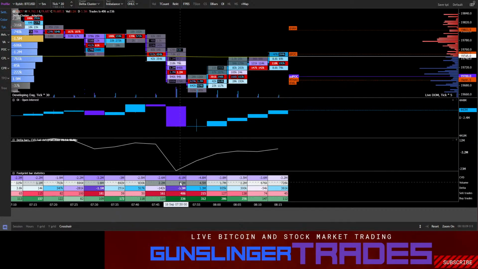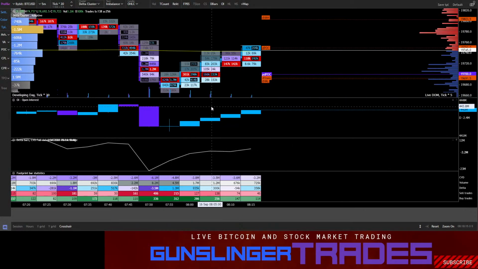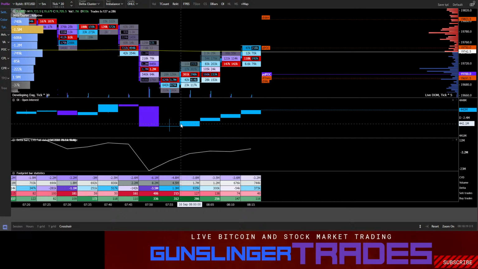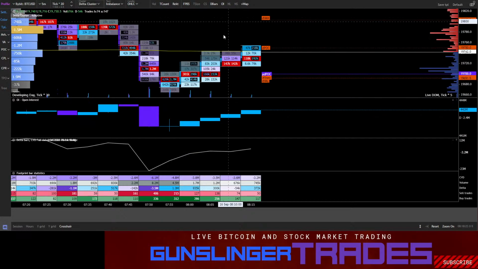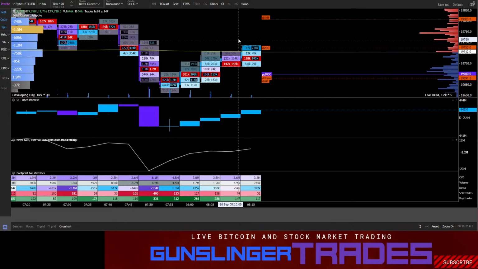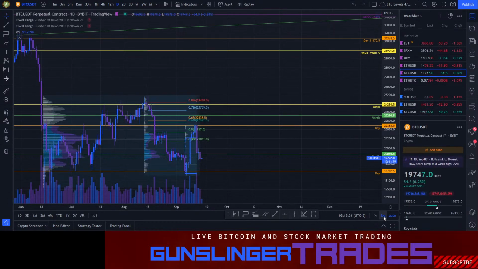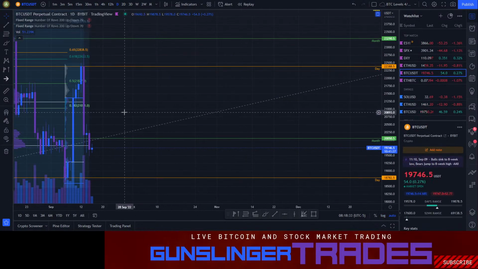However, I'm iffy about the large amount of volume that happened within here, but it's nice to see these stacked imbalances holding price up. And it's nice to see locally that open interest is increasing as more longs are coming into this market. So that is bullish, and that is a good thing to see. So again, that's looking at the Bitcoin price.